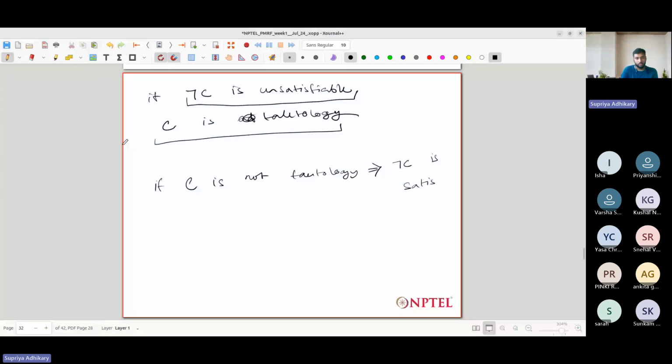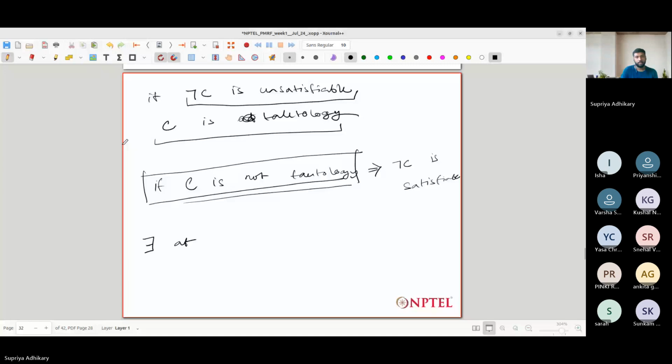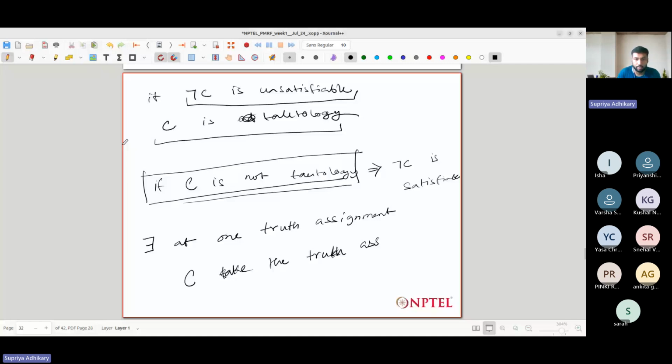C is not a tautology means that there exists at least one truth assignment to the literals of this proposition C such that C takes the value false. So there exists at least one truth assignment such that C takes the truth assignment false.